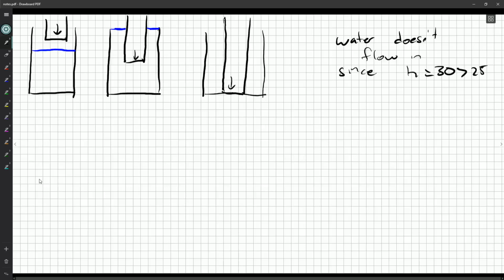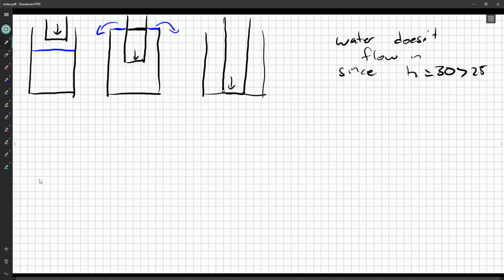Okay. So in order to figure out how much water actually flows out, what we should do is find this key moment in time where the water level just gets high enough.